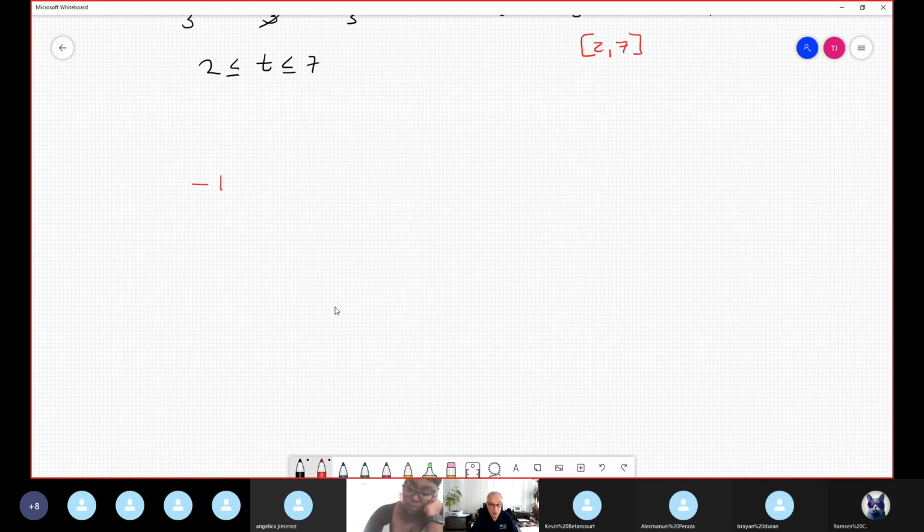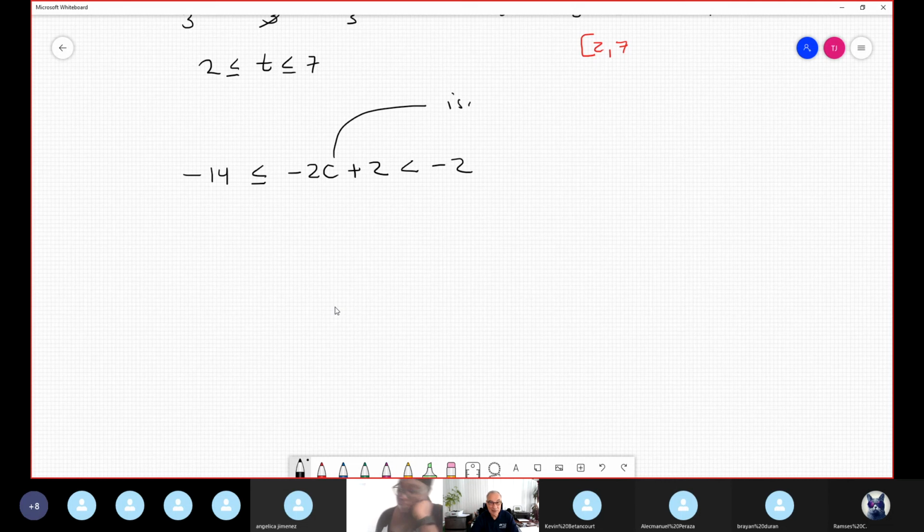Negative 14, black color. Okay, negative 14 less than or equal to minus 2c plus 2, less than minus 2. Well, my goal is isolate c.